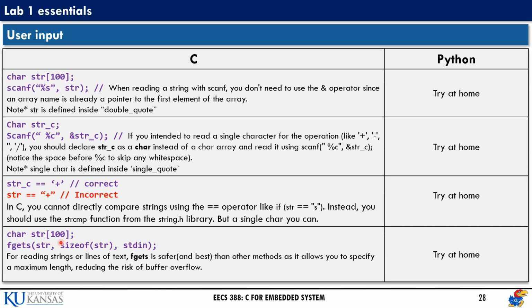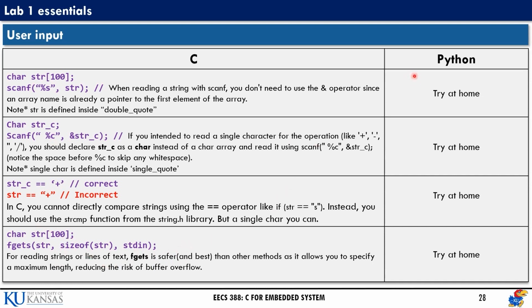But if you want to compare a string that is more than just 1 byte, you need to use different functions. We'll talk about that later. Also, you can use fgets if you want to read a line of a string or a big text, and that is easier.